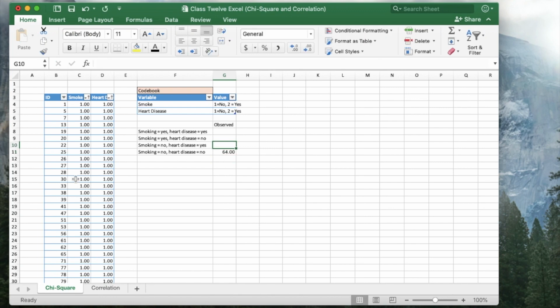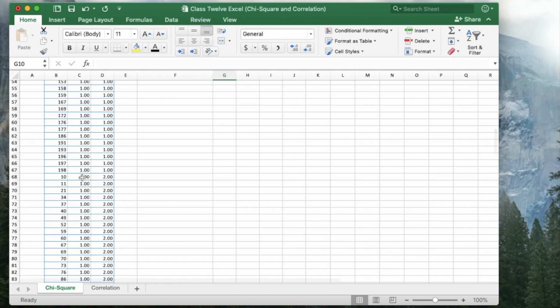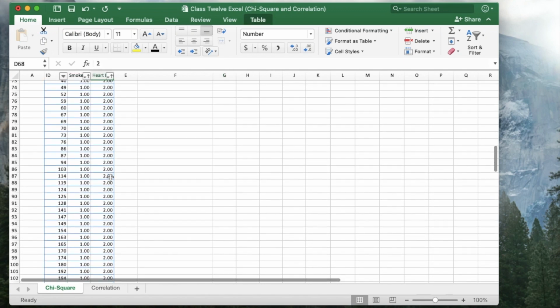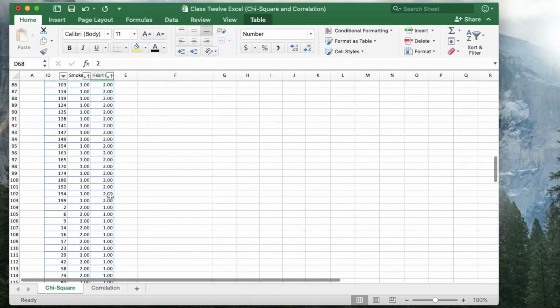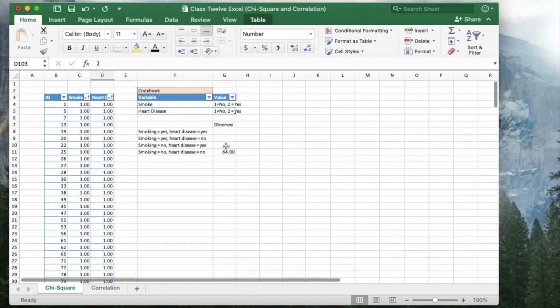And then for all the people that said they do not smoke but have heart disease, we go through and count all the 1s for smoking and 2s for heart disease. So we go down here, we see that this stops here at 103. So then 103 minus 67. Here we have 36 counts.